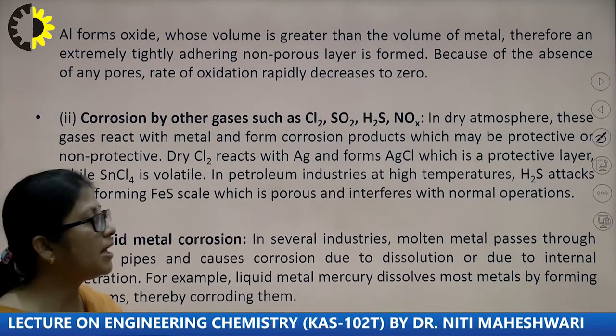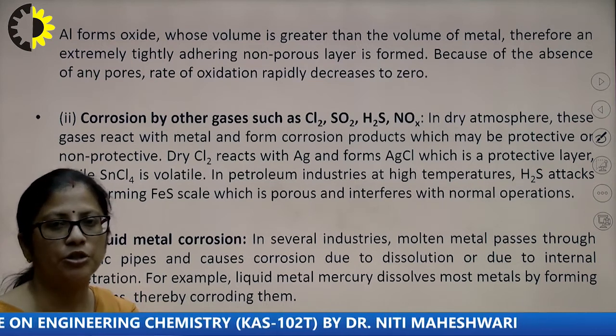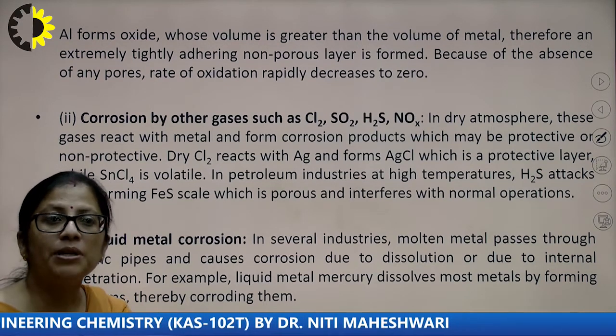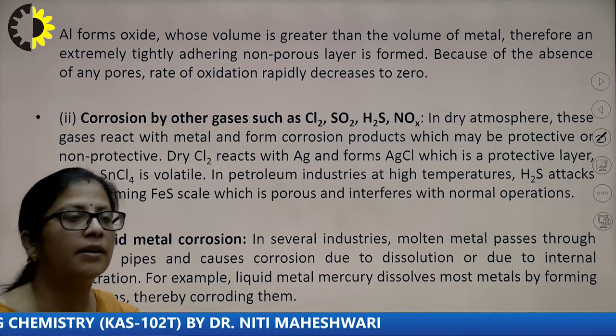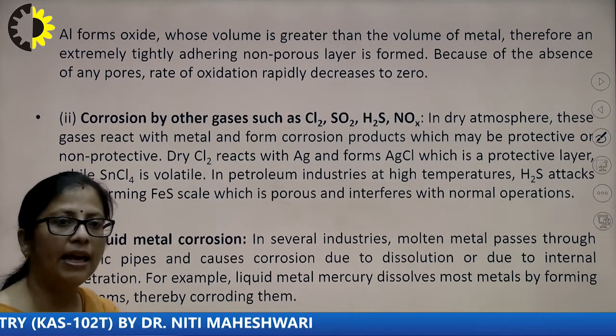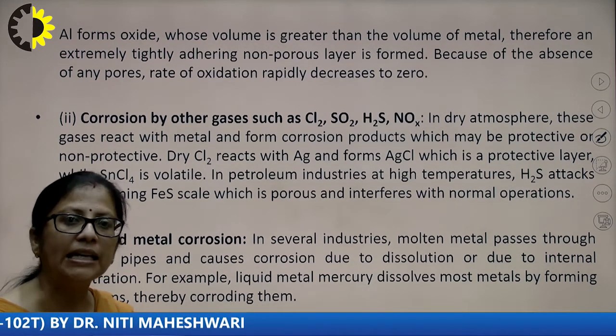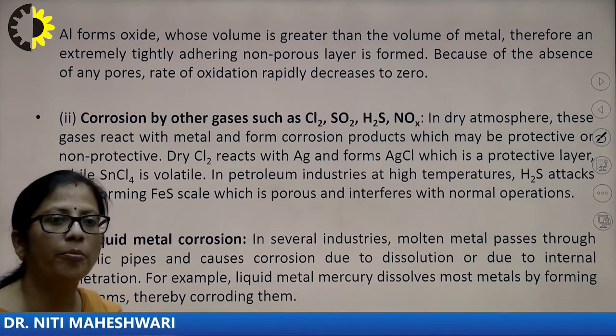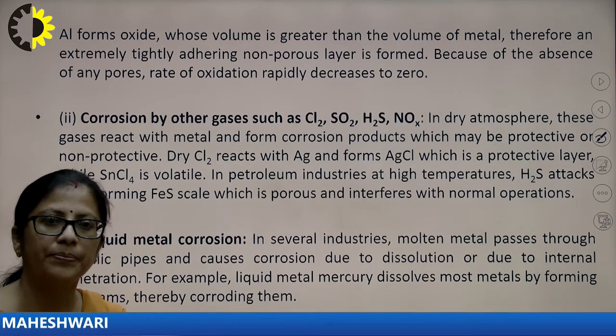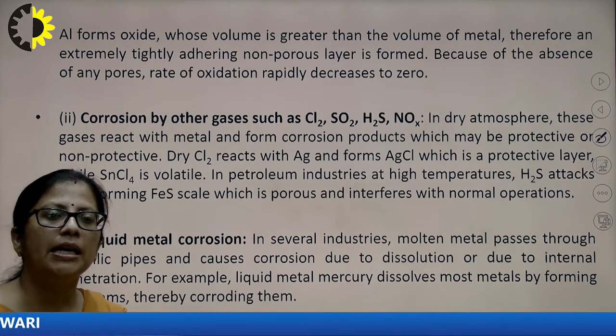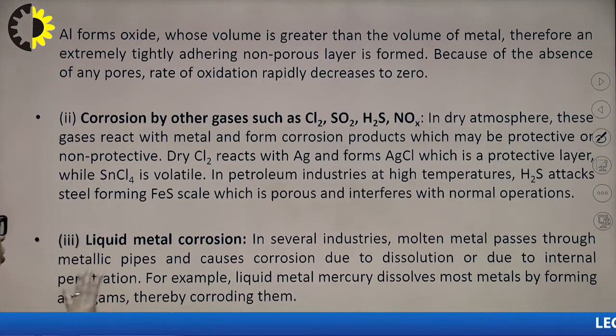In petroleum industries, at high temperatures, H2S attacks steel, forming iron sulfide scale which is porous and interferes with the normal operations. And the third type is liquid metal corrosion.